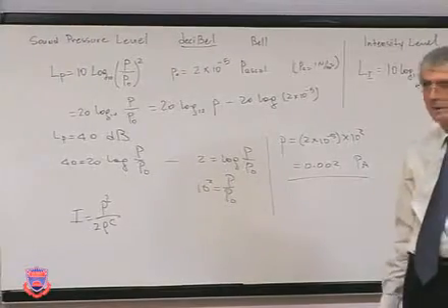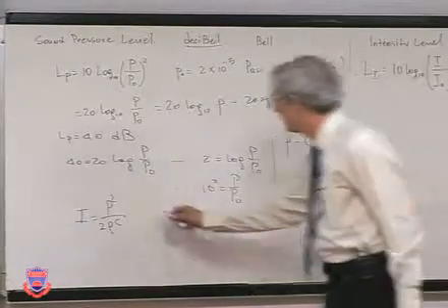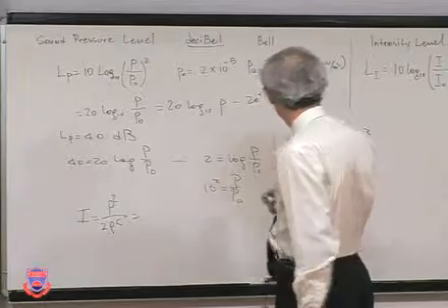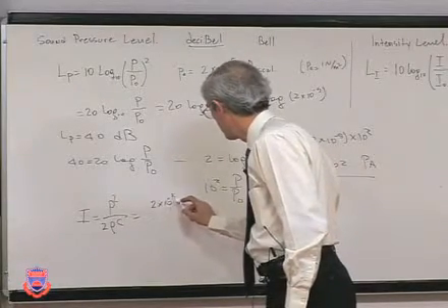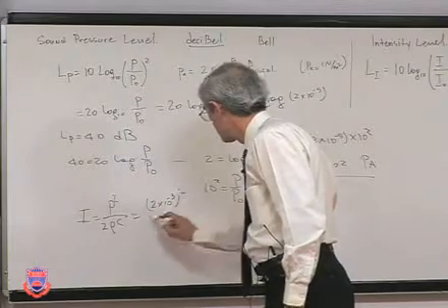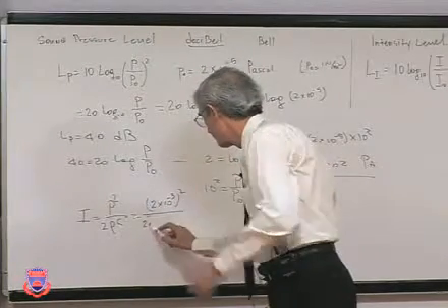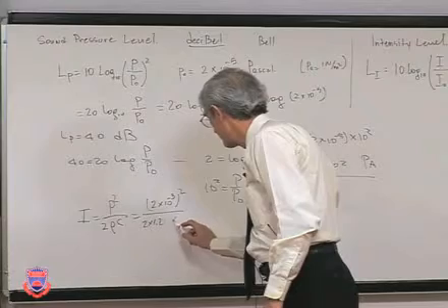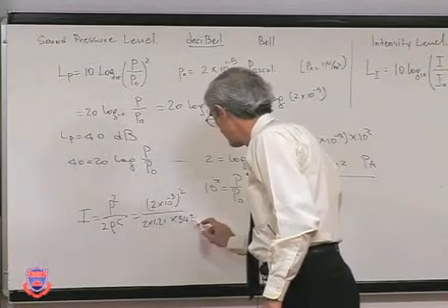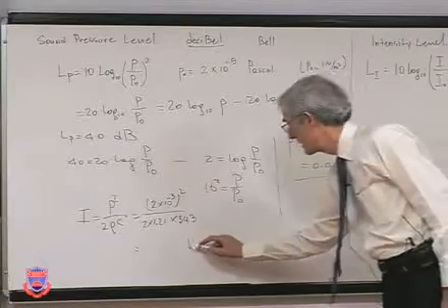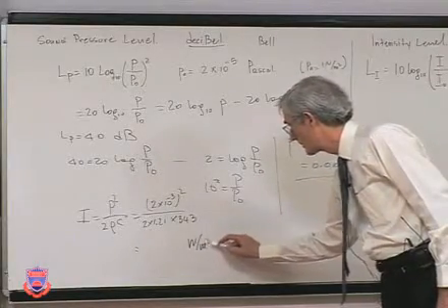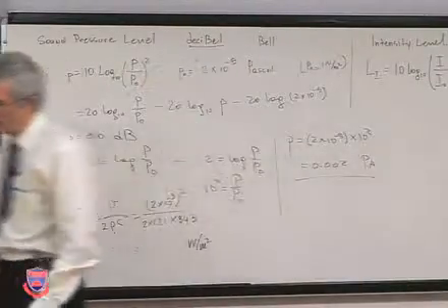Does it make sense? Yeah. And that, of course, for air, we can say, let's see, 2 times 10 to the minus 3 squared. And you can calculate what the intensity is in watt per meter square. I think I did that.